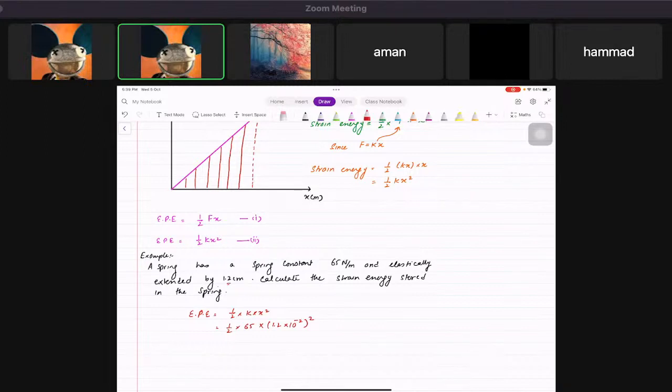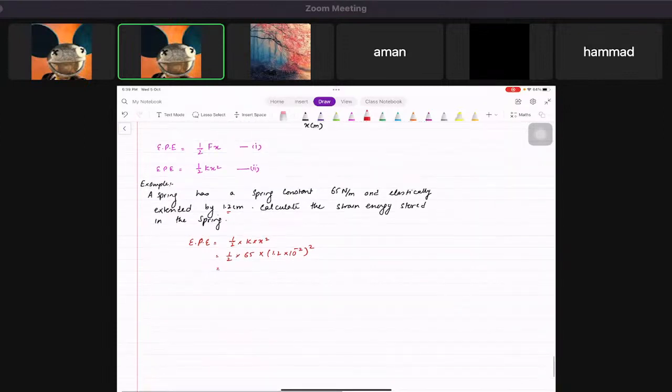So basically, if you calculate this, you'd realize that this would be somewhat like 4.7 times 10 raised to minus 3 joules. Is it clear? Any questions here?